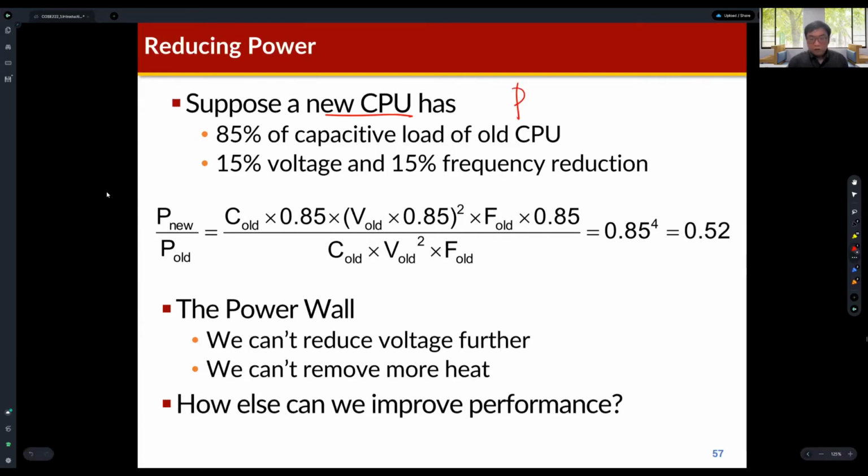We can use these numbers in this equation and compare the power of the two CPUs like this. If you just remember this equation, then I believe you can easily compare the power consumption of two processors. Okay.